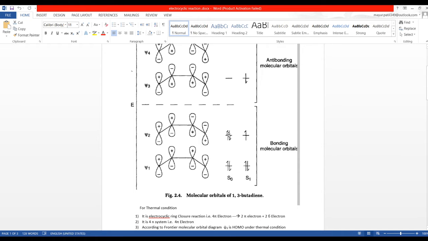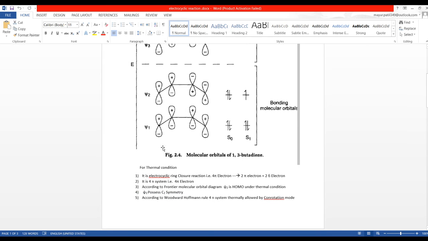Then the third electron enters psi2, and since the psi3 energy is more, the fourth electron enters psi2. Therefore, psi2 becomes the HOMO, where no electronic excitation takes place under the thermal condition. So psi2 is considered the HOMO according to the frontier molecular orbital diagram under the thermal condition.